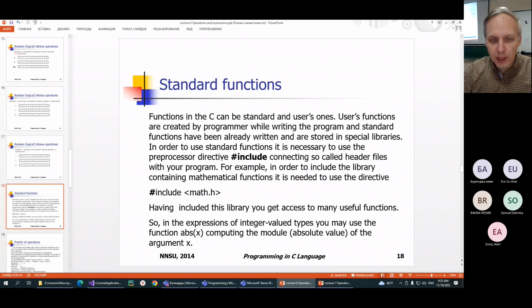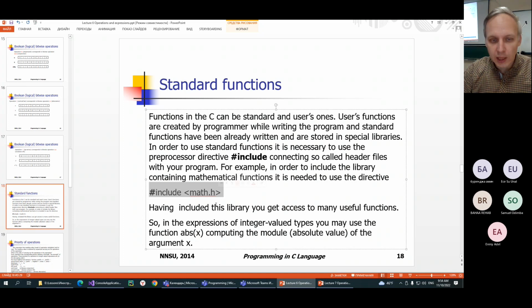Well, let's discuss more useful operations that are implemented as functions. There are a lot of operations that we use in mathematics, and these operations are implemented in an additional module, math.h.